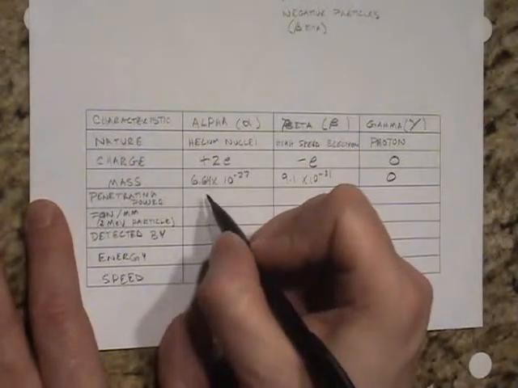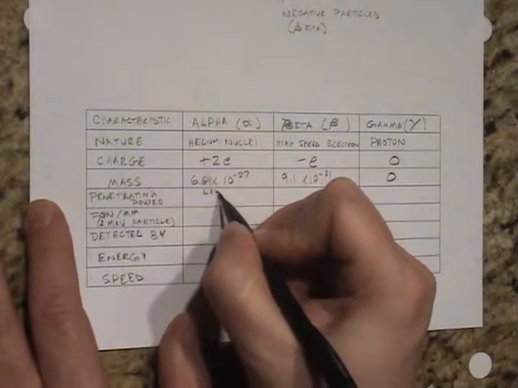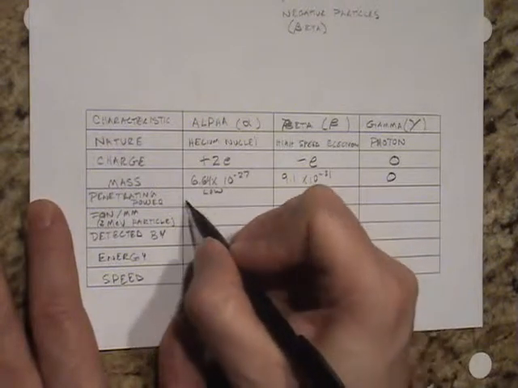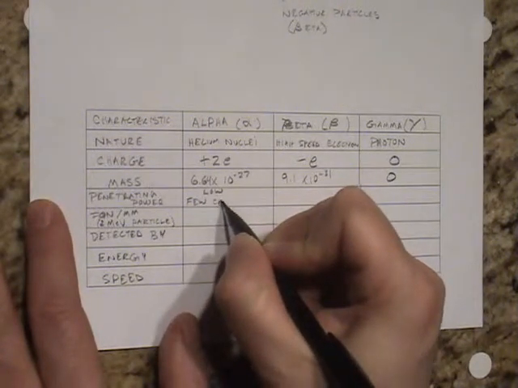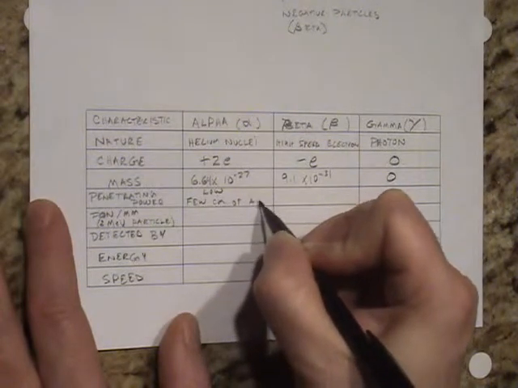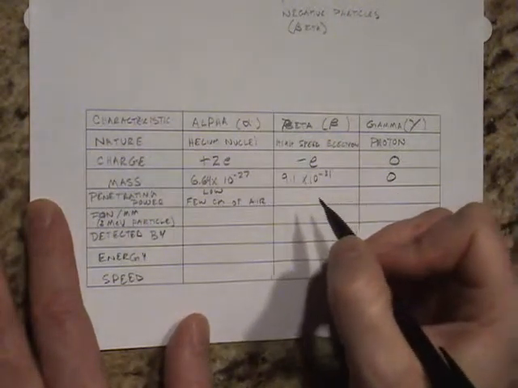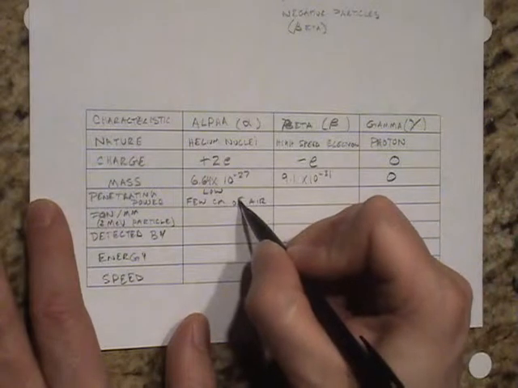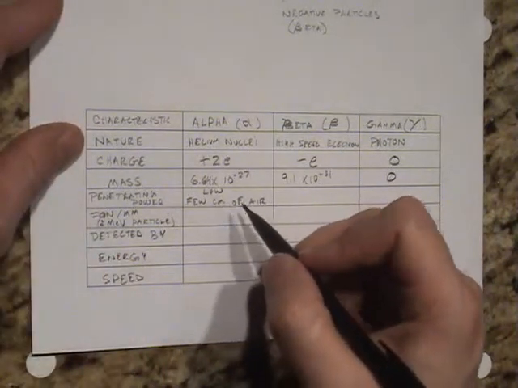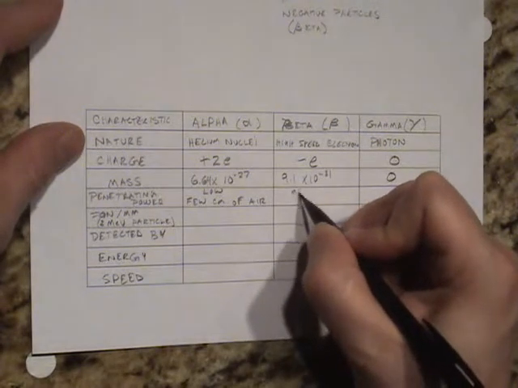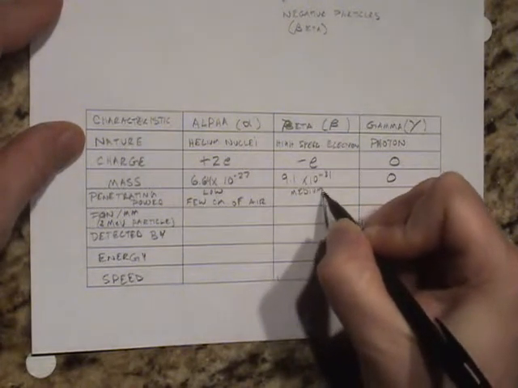So for the penetrating power, the alpha particle actually has a very low penetrating power. You can stop these particles by only using a few centimeters of air. They don't penetrate materials very well. Solid materials, in fact a piece of paper, would typically stop these particles with little difficulty. The beta particle has a little better ability to penetrate through materials.